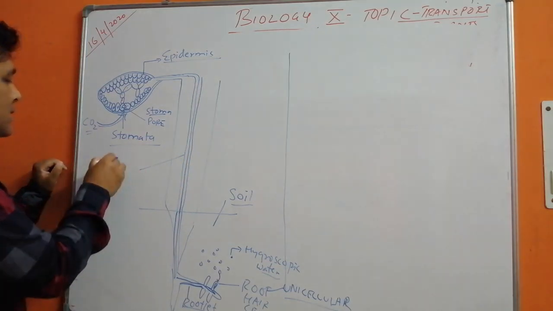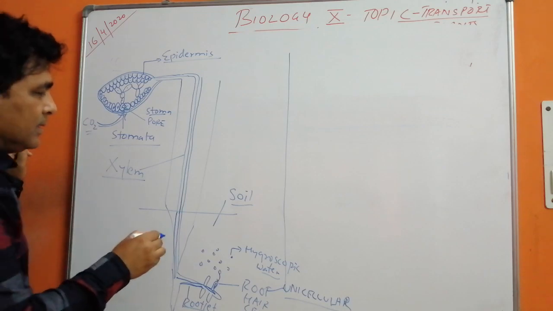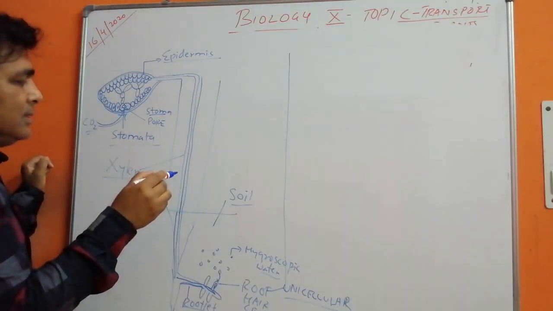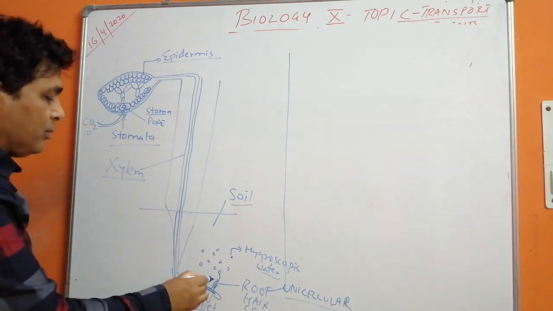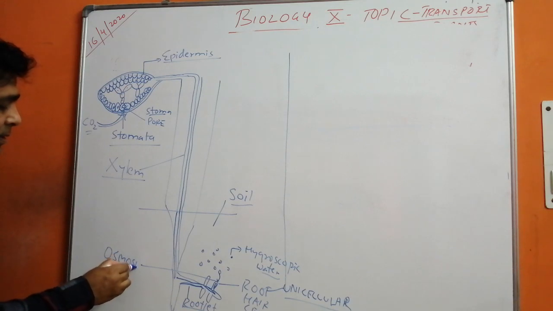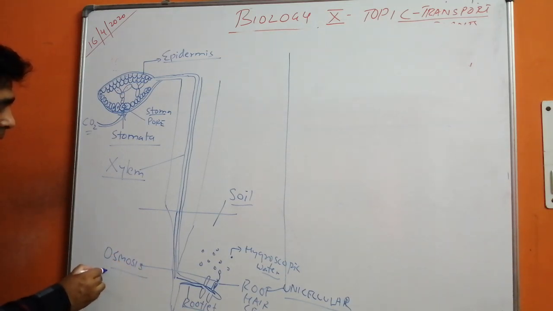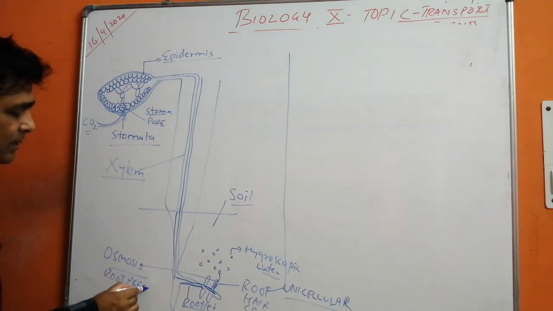This is xylem. Now children, what happens is the water comes here by the process of osmosis, and root pressure is built.